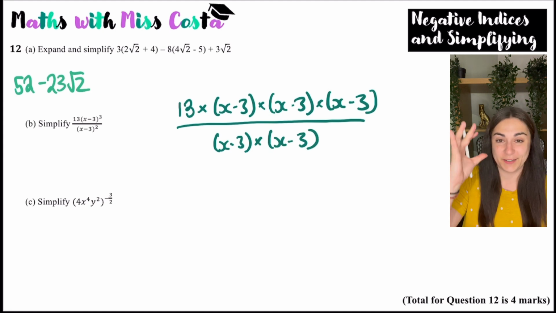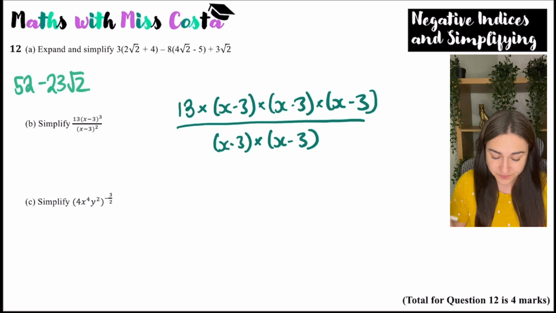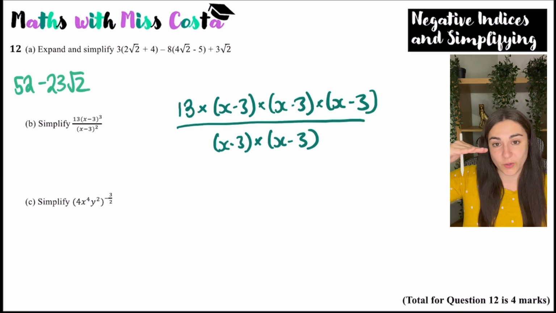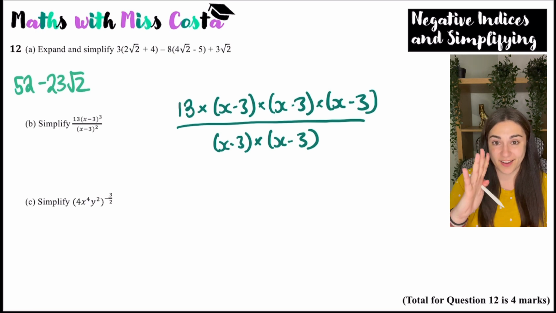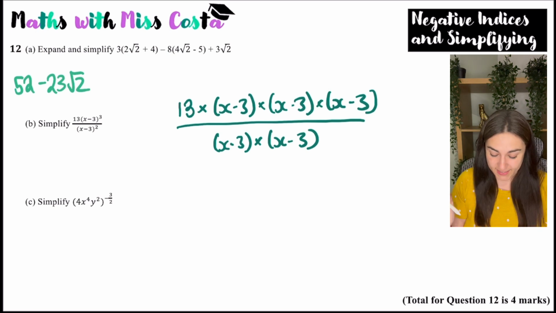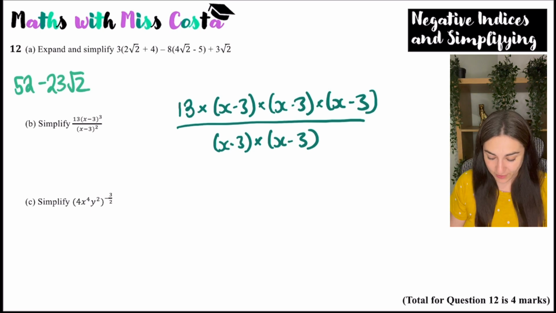If you can't see it automatically, just split it up into its basic algebra. And then you know that if you've got a fraction and the numerator and the denominator are both products, so there's no in-between terms, everything is being multiplied, then anything that's on the top and the bottom cancels out, because like 5 divided by 5 is 1.